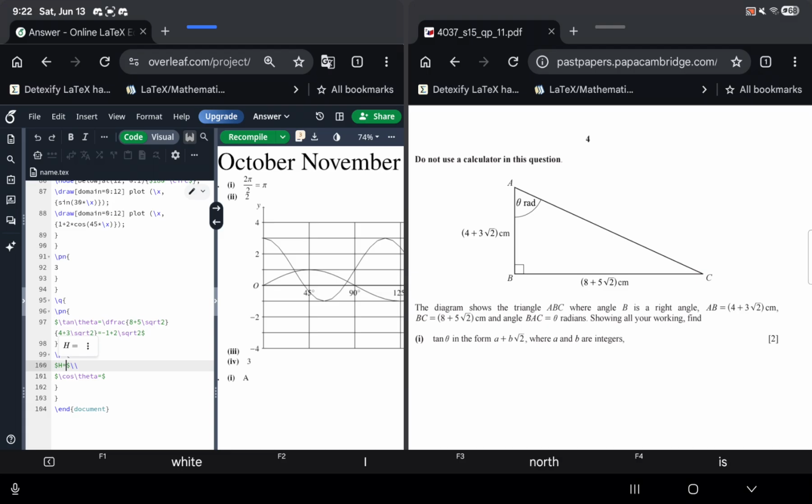The hypotenuse is equal to the square root of, and it should yield us a value.